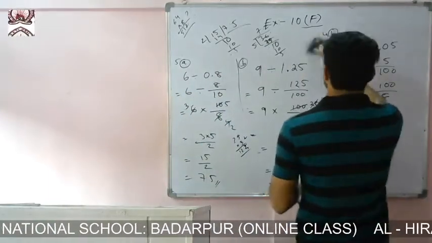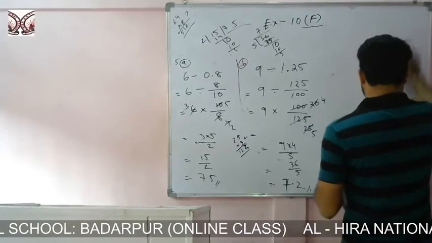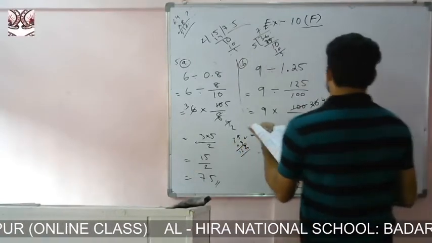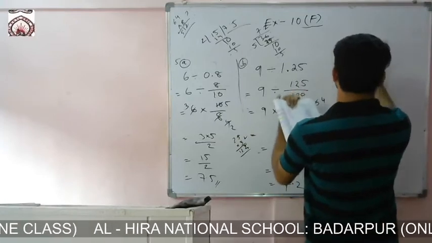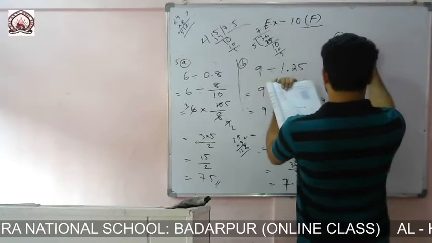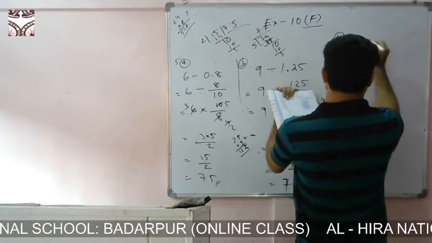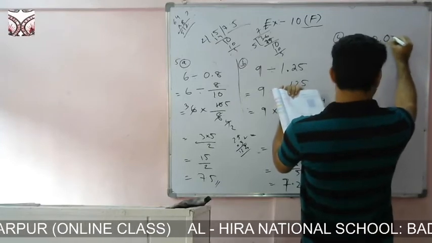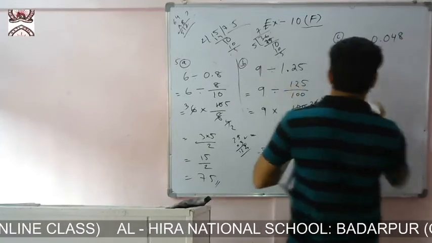Now come to question number C. 15 divided by 0.048. Okay.